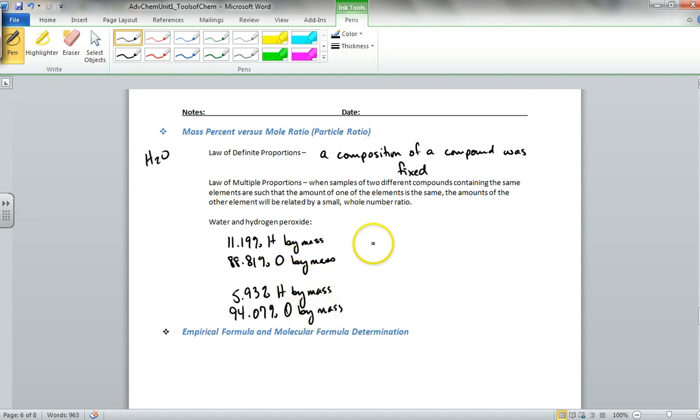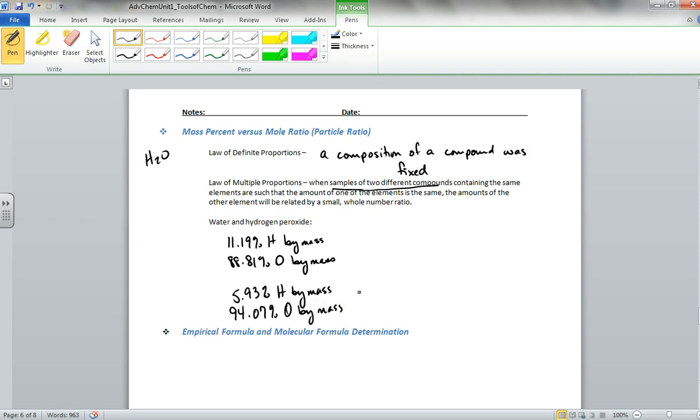But what we can do is, if we were to get a sample of water and a sample of hydrogen peroxide, so two different compounds, and we got just the right amount of each. What I mean by the right amount of each is that I got so much water and so much hydrogen peroxide so that the two had the same amount of one of the elements.